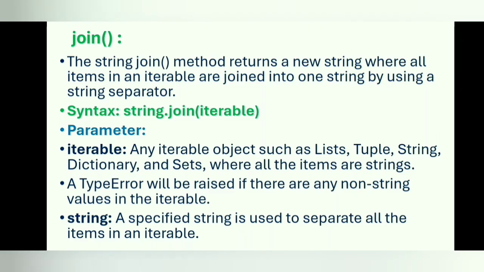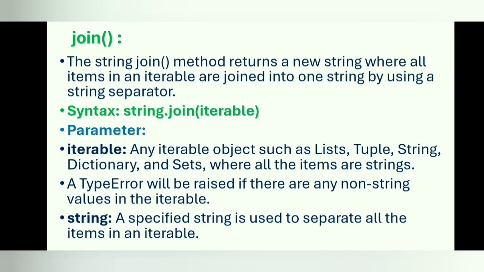It takes an iterable such as a list, tuple, dictionary or string as its parameter and returns a new string where the elements of the iterable are joined using a specified string as a separator.